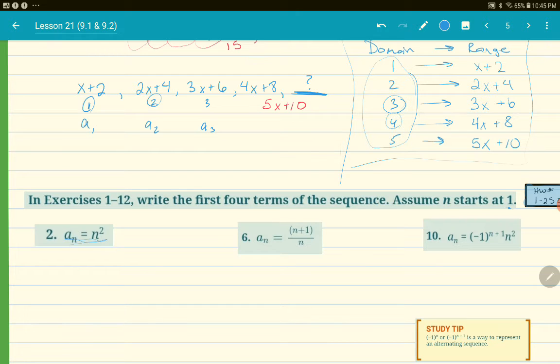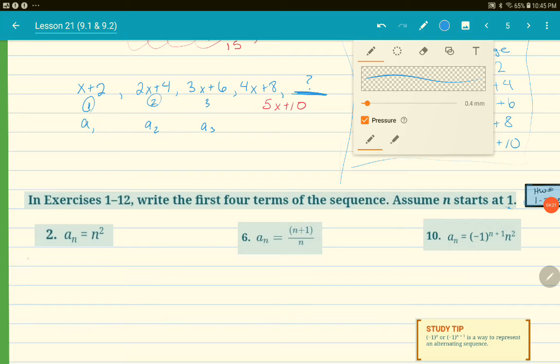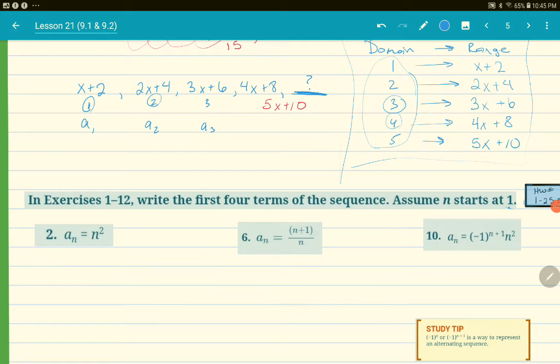If this defines my function, then I can think of this function as, remember all of these functions are going to start at 1. So I need to do the first 4 terms. My inputs, my n's, are going to be 1, 2, 3, and 4. And my output, the a sub n, is n squared.